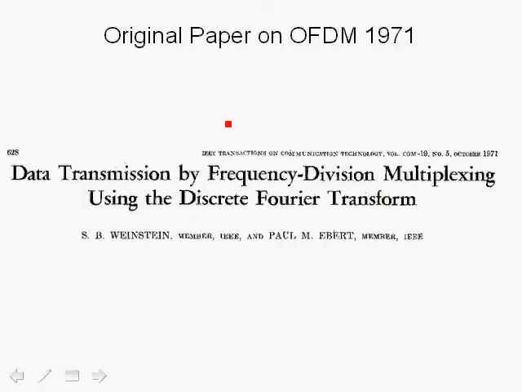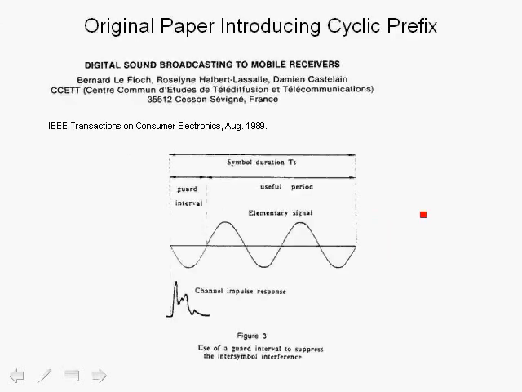802.16-2005. The original paper on OFDM was published in 1971, Data Transmission by Frequency Division Multiplexing using the discrete Fourier transform, and this was a big breakthrough, especially since the discrete Fourier transform could be implemented using a fast Fourier transform. Another very important paper is this paper published in 1989.